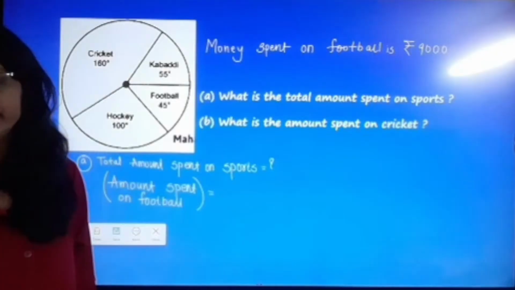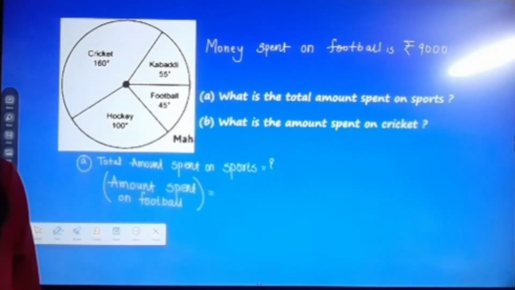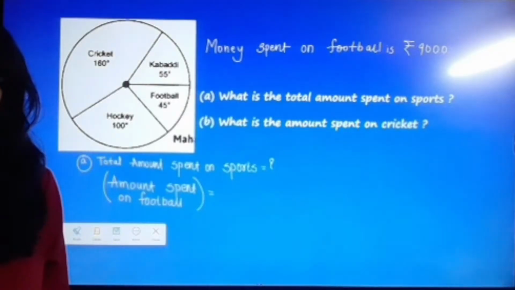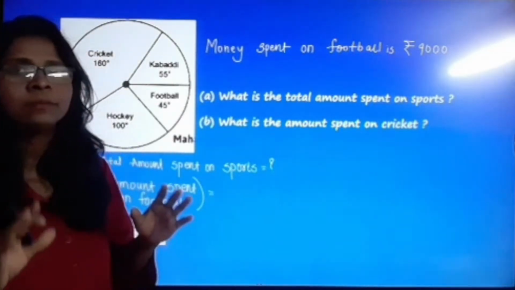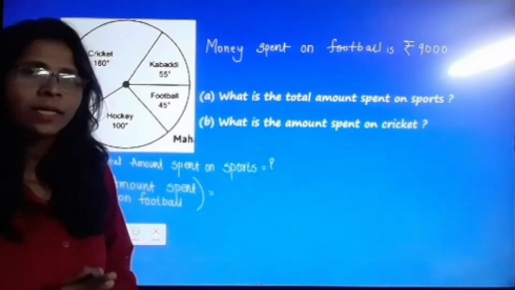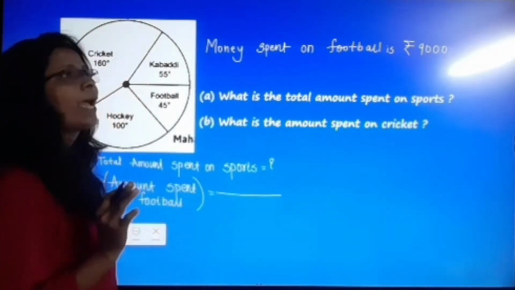And you know that this element has the formula: the central angle divided by the total angle.